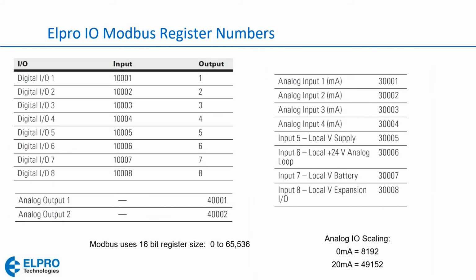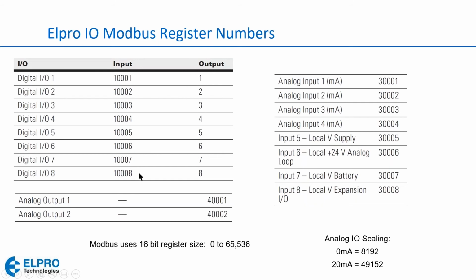Inside of ELPRO's 915, 415, and 215 U2 radios, this is the addressing scheme that we use. For digital inputs 1 through 8, if the DIO is being used as an input, it starts at register 10,001. If it's being used as an output, it starts at register number 1.